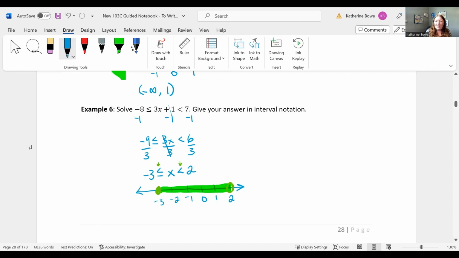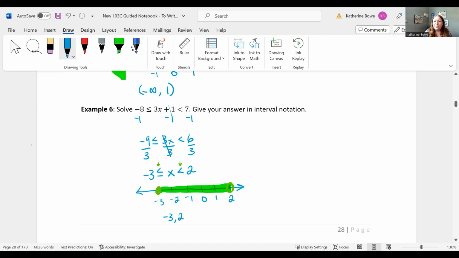So then in my interval notation, I write my starting value. I look left to right, it starts at -3. Looking left to right will preserve the correct order, but we always want to make sure the smallest values go on the left, just like the smallest values go on the left on the number line. -3, and it stops at 2.